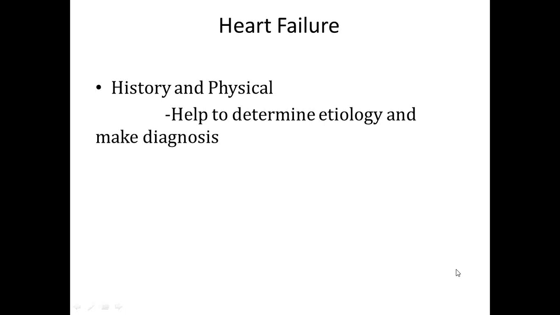We look at some not so popular biomarkers related to neurohormonal activation. We talk about the MR-proADM, which is the mid-regional pro-adrenomedullin.